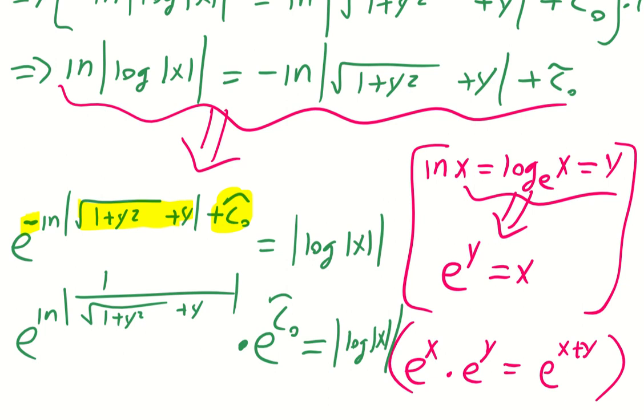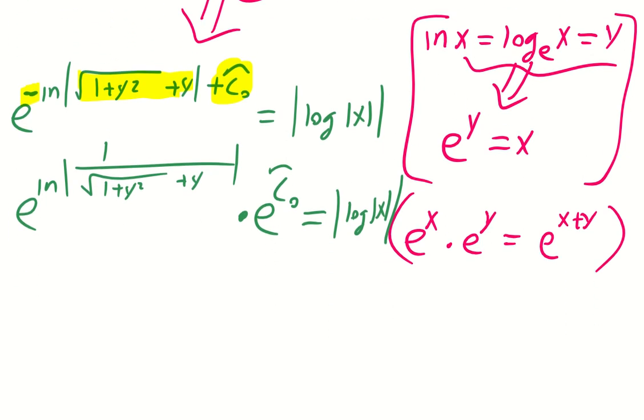Note another thing. Logarithms and exponents with the same base cancel each other, because we have this e raised to the natural logarithm of such and such. Those cancel. Or in other words, we can think of it this way. If we have b to the log base b of x, this would just be x.